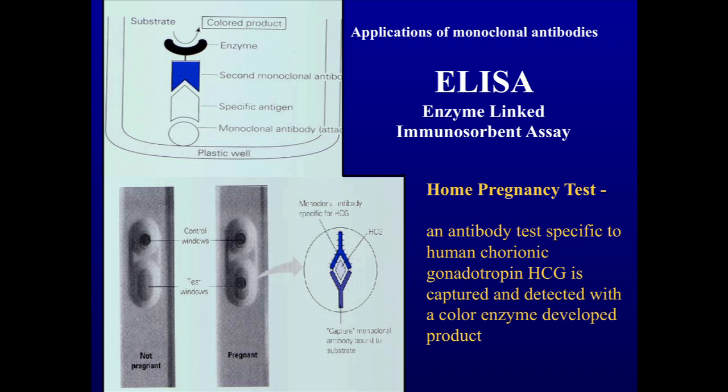One of the broadly used applications of these monoclonal antibodies in detection is called an ELISA technique. ELISA stands for enzyme-linked immunosorbent assay. So we've got an enzyme that's linked to the monoclonal antibody and is used to generate a colorimetric product.